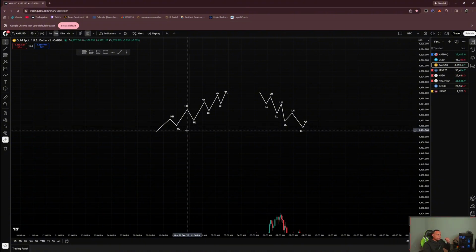Now, typically when you see the higher lows, the higher highs, if you look to the left of it, usually the higher lows will fall into the higher high here, bounce off of it, and keep going up.